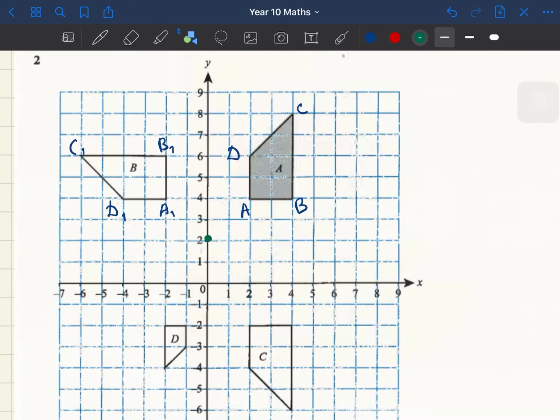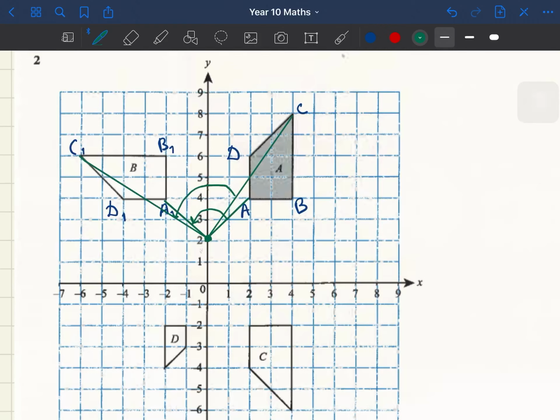And I will show you what happens. So this becomes this, right? For example, C. I'm not going to draw all the points, let's just draw two of them. C becomes C1, so you see A becomes A1 and C becomes C1.